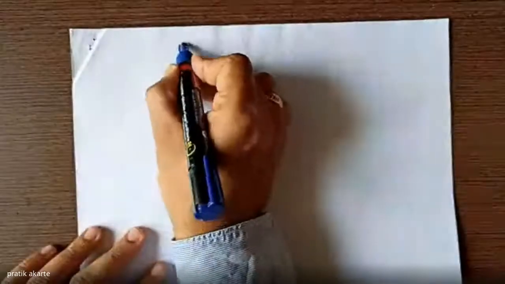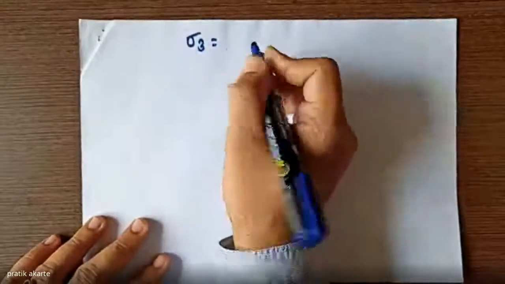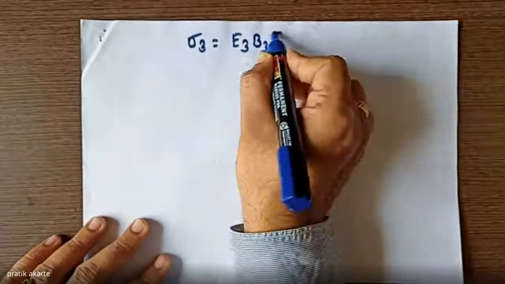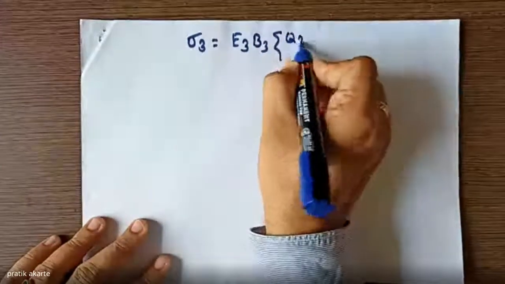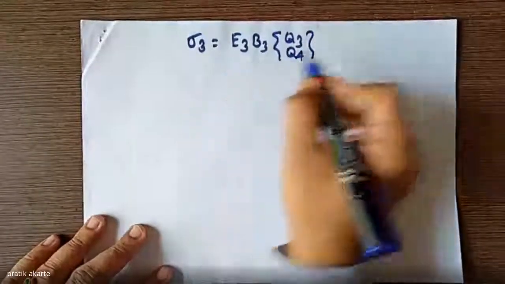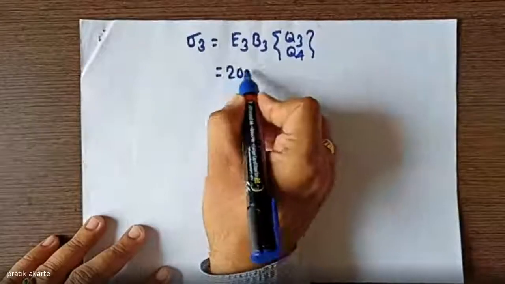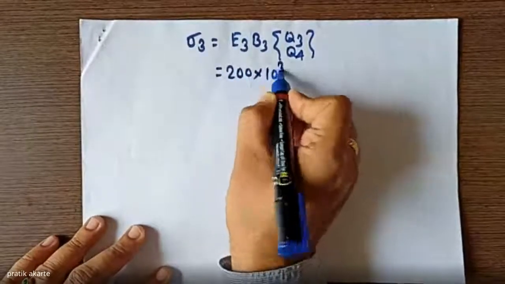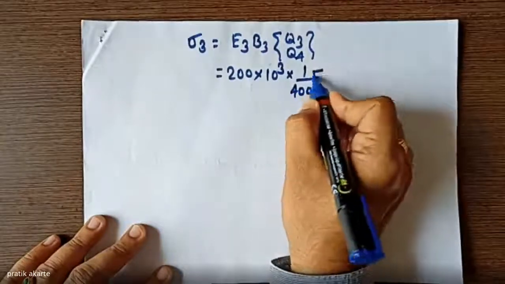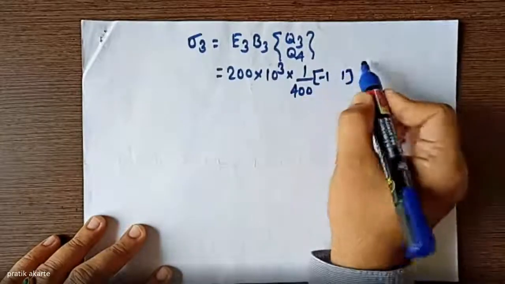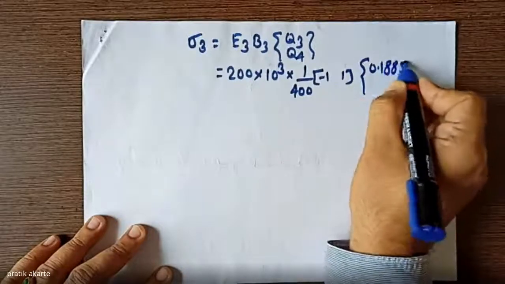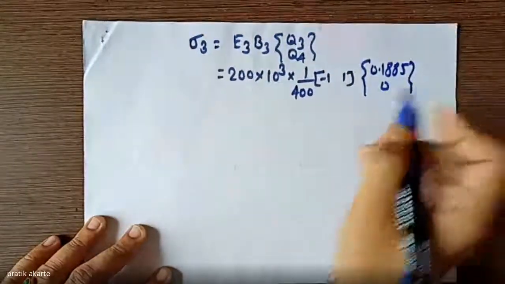And sigma 3 will be E3 B3 bracket Q3 and Q4. So it is again 200 into 10 to the power 3 into 1 by 400, minus 1, 1. Q3 is 0.1885 and Q4 is 0.